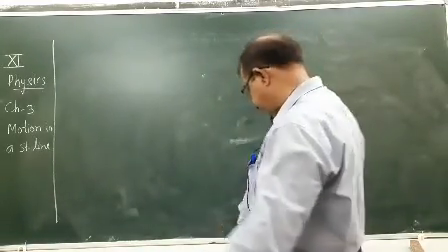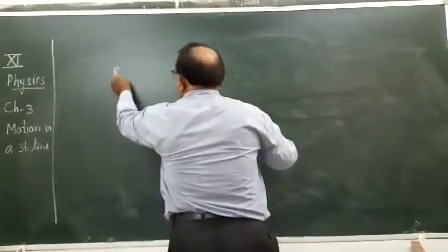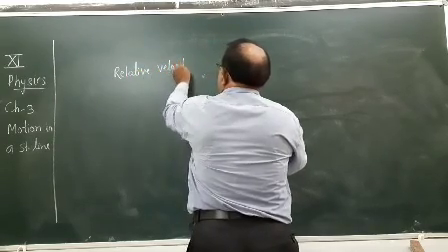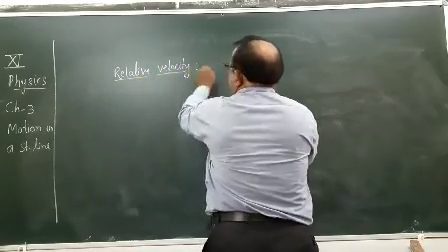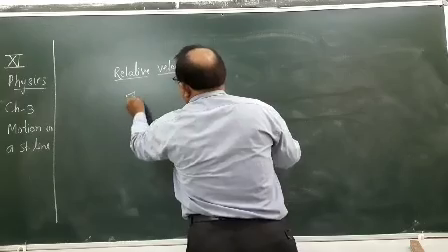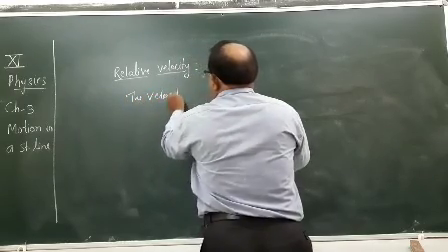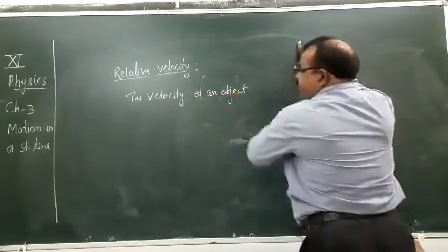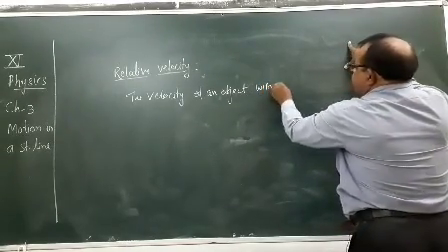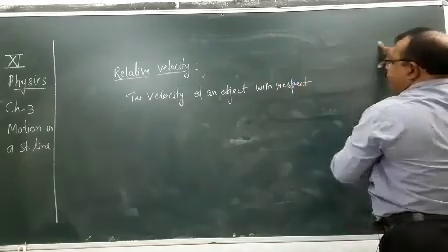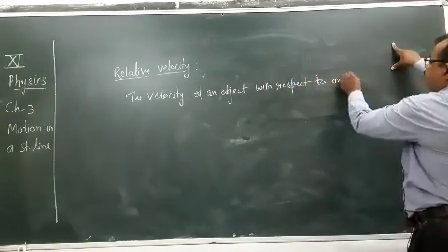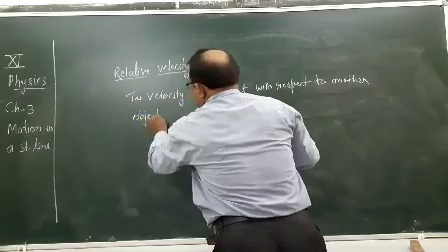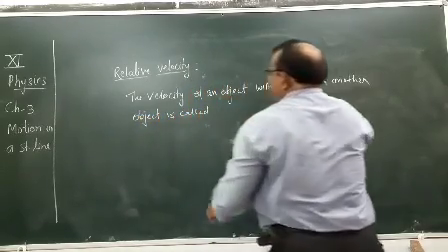So, relative velocity means the velocity of an object with respect to another object is called relative velocity.